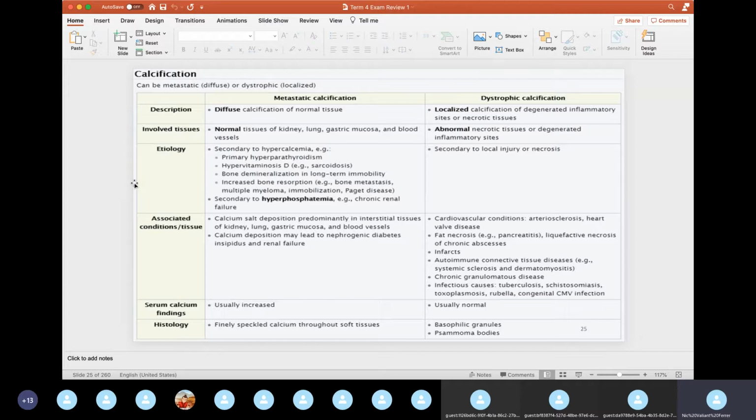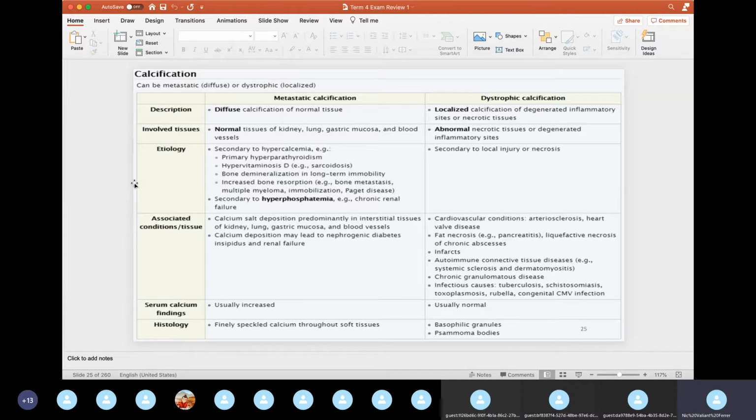You can have primary hyperparathyroidism. So if I increase PTH, what happens to the serum calcium? It also increases, right?